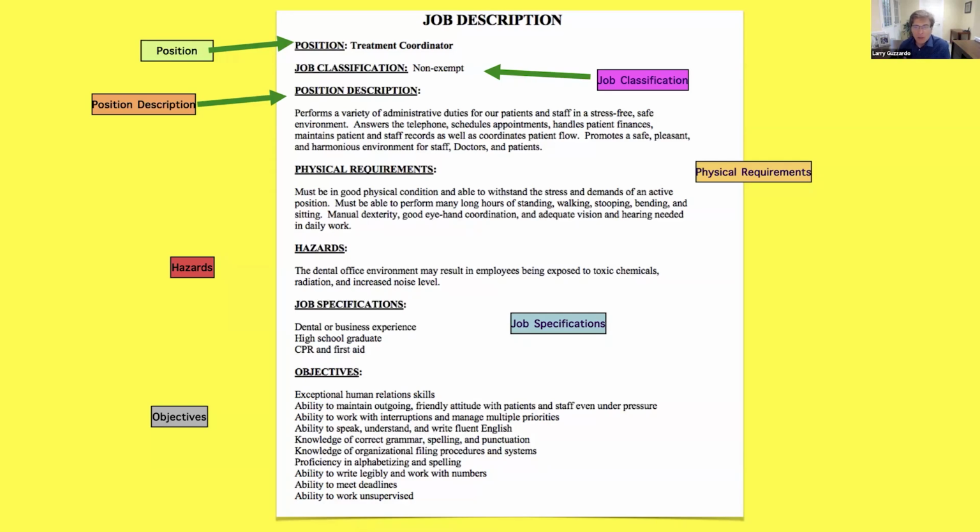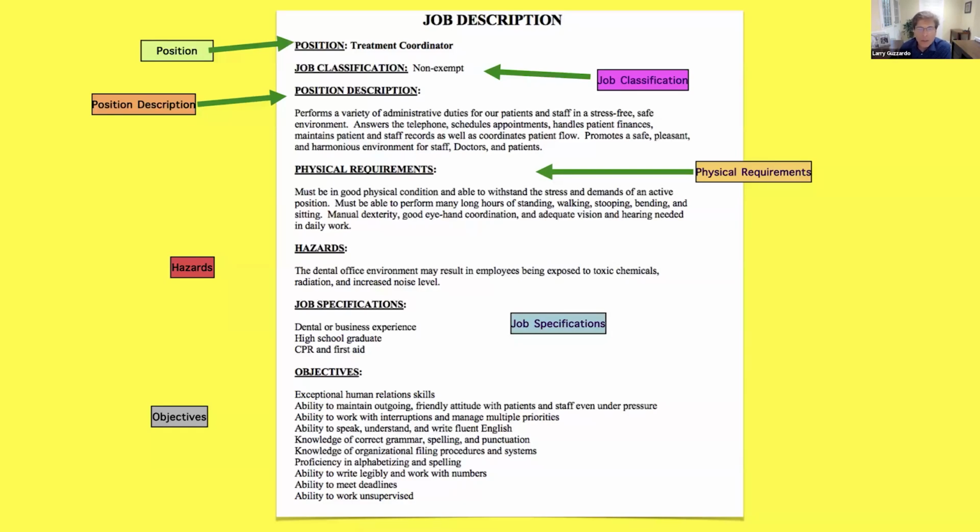Should have a position description of what they do. Any physical requirements. Again, you've got to be able to stand, sit down, bend over, hold a position for a long period of time. Good vision, hearing is needed in your daily work.